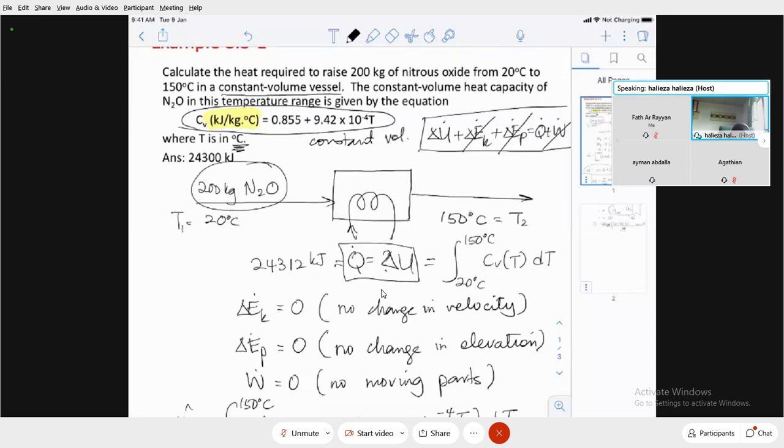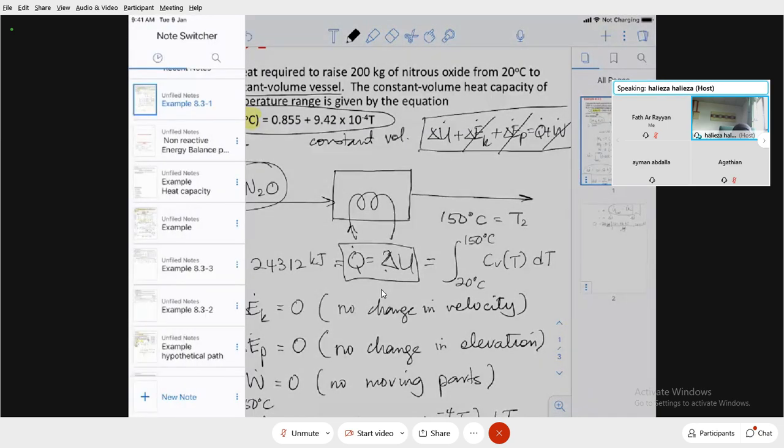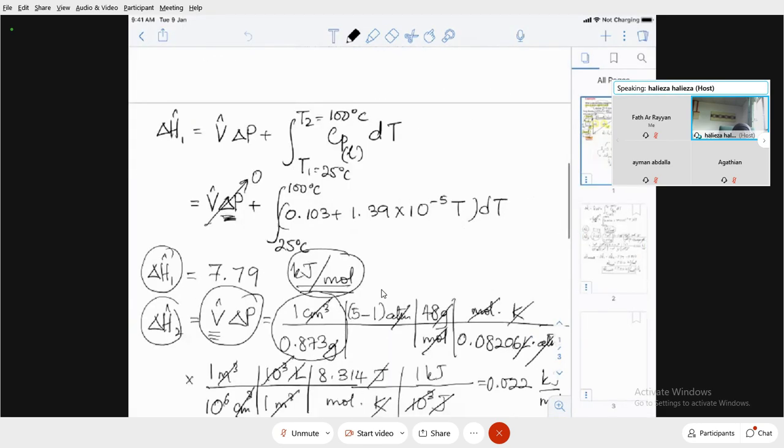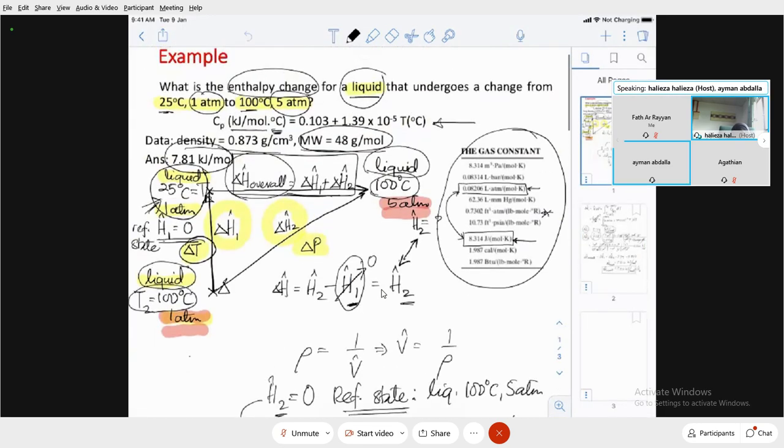Here it's liquid, there's no change in phase, just both liquid, so you only have change of temperature and pressure. Yes, but they want the change in internal energy, and it doesn't depend on pressure. So should I ignore it?